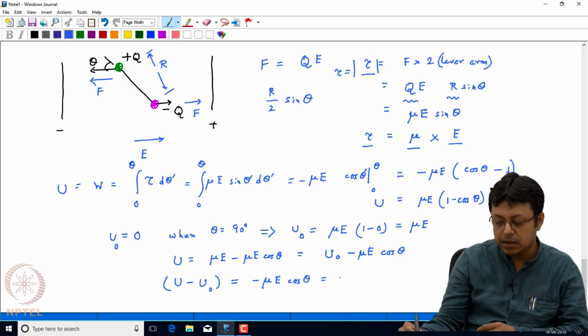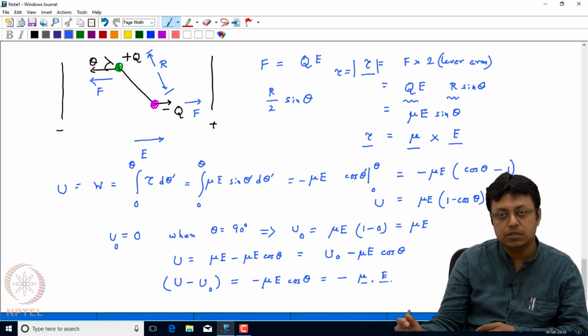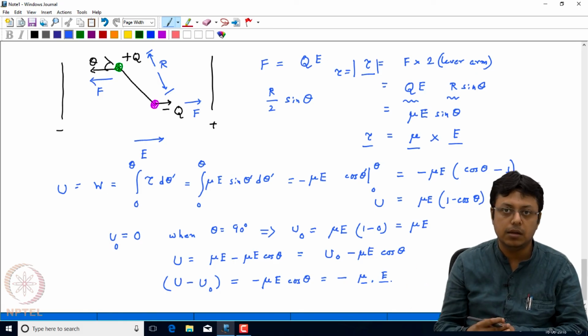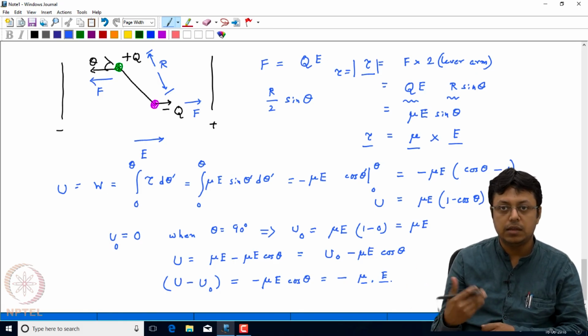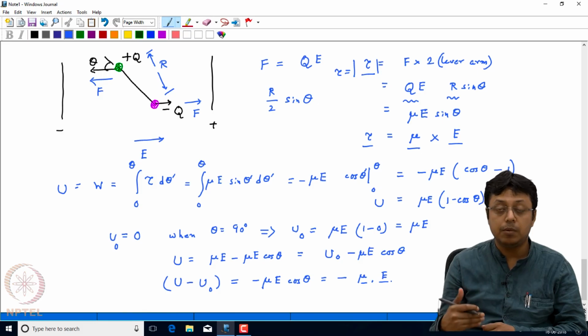Which is nothing but, in a vectorial notation, minus mu dot E. So, it is basically the dot product of the electric field with the dipole moment. Again, that dipole moment can be permanent or it can be induced.